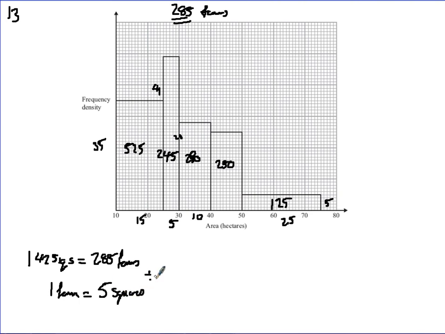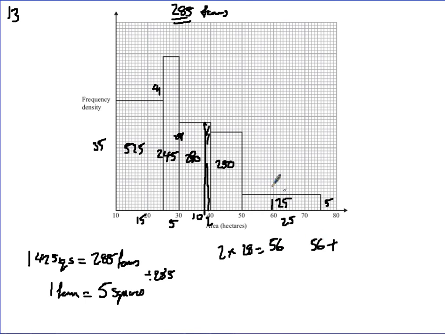What I've done there is divide by 285. What we can then do is work out the area that takes up more than 38. So here we've got 2 times 28. So that's that area up there, just this little area shaded in. So 2 times 28 gives you 56.